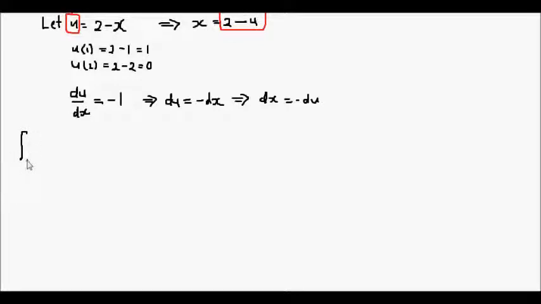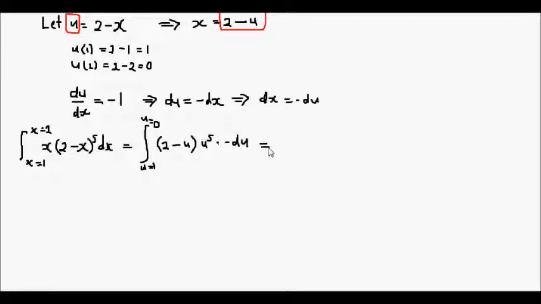So the integral from x equals 1 to x equals 2 of x times (2 minus x) to the fifth dx is now equal to the integral, when x equals 1, u is equal to 1, and when x equals 2, u is equal to 0, so from u equals 1 to u equals 0, of (2 minus u) times u to the fifth times negative du.